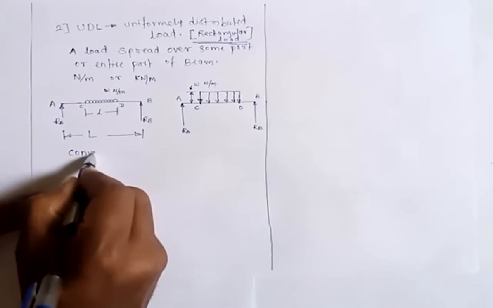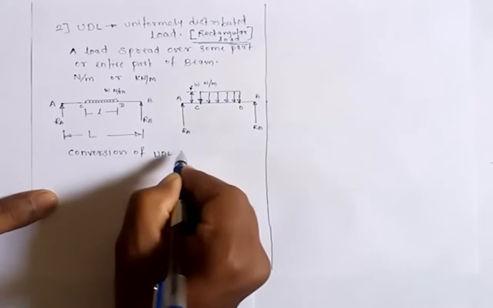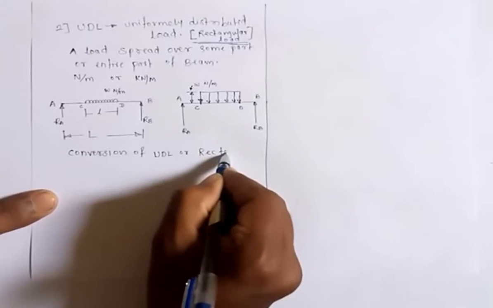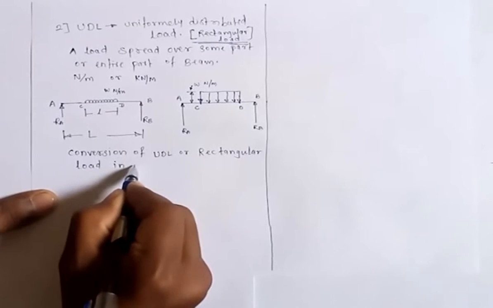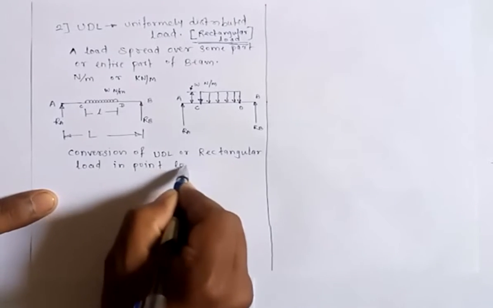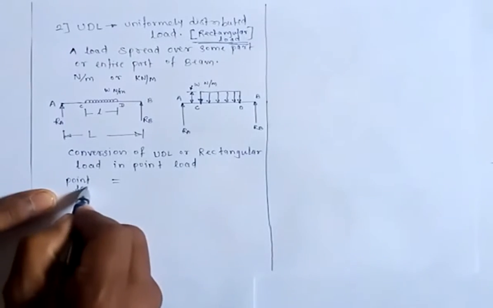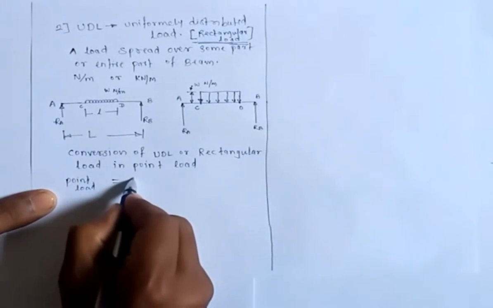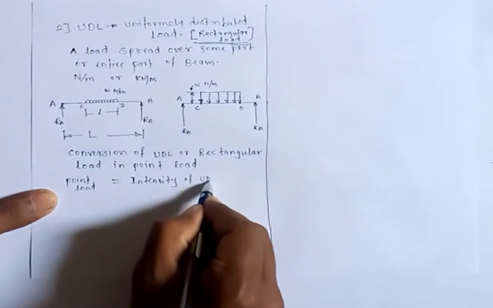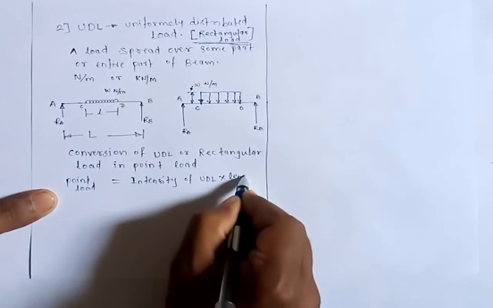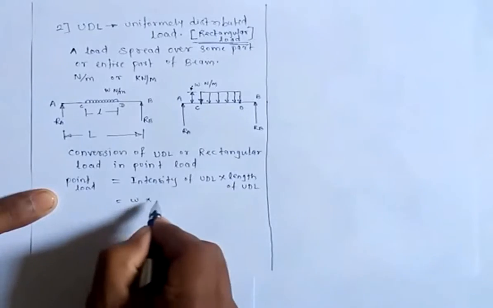So the conversion of UDL or rectangular load into point load: the point load is equal to the intensity of UDL multiplied by the length of UDL. So here it is W into small l.